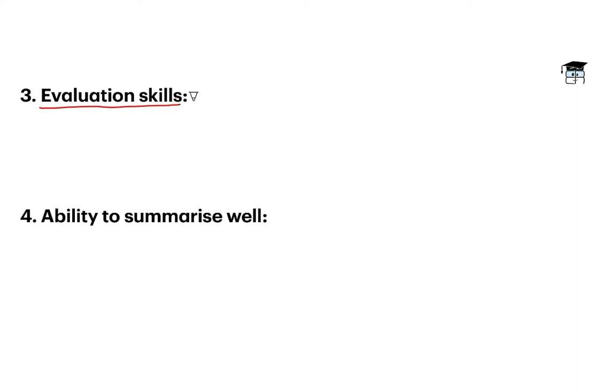Okay. Next trick deals with evaluation skills. Now, this is a very important trick. The options for the answer to a para summary question can be tricky and confusing. Most of them may seem right to you. So you need to have an eye for the right option. Right? You can find out an option that is quite similar to your summary.